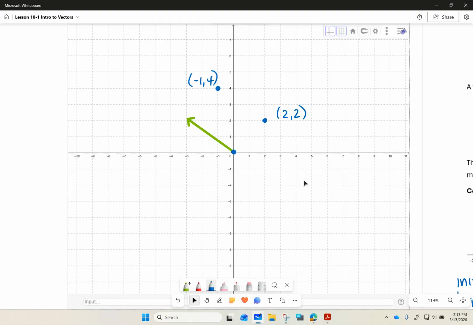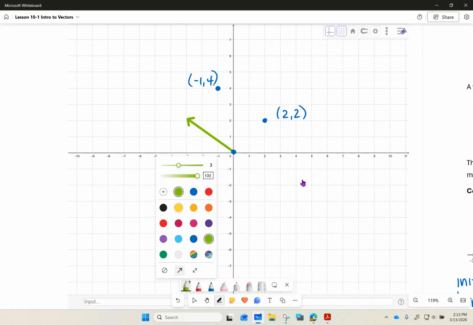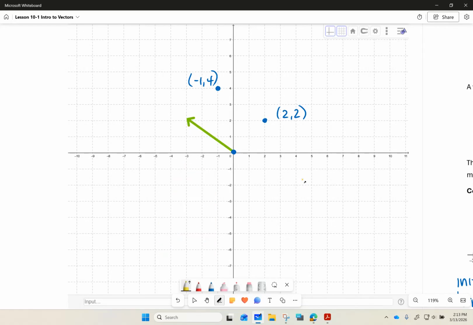And when you do that, visually, we can easily see, I'm going to change the color here to yellow, what the x component is going to be and what the y component is going to be. Can you not?